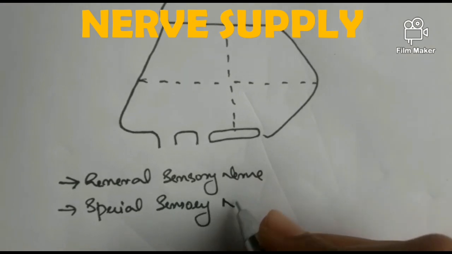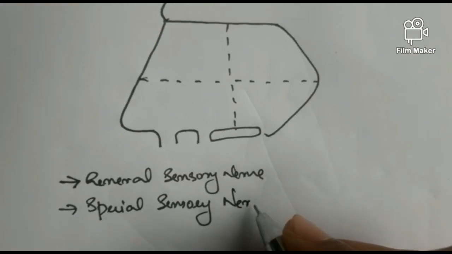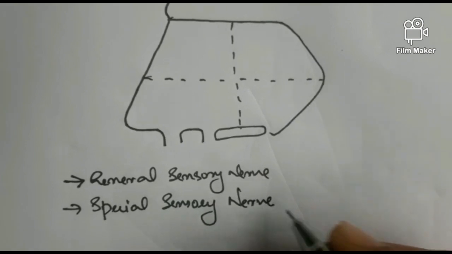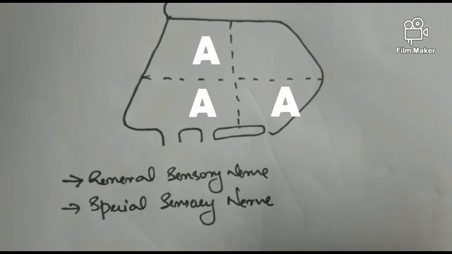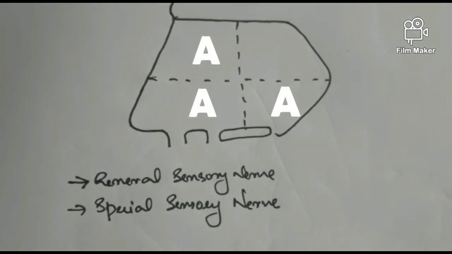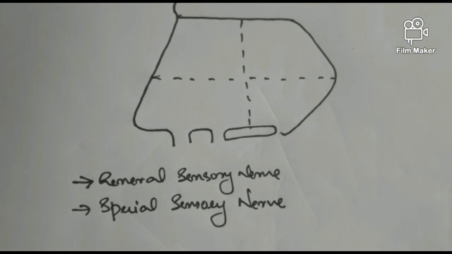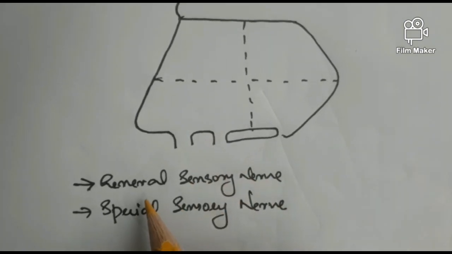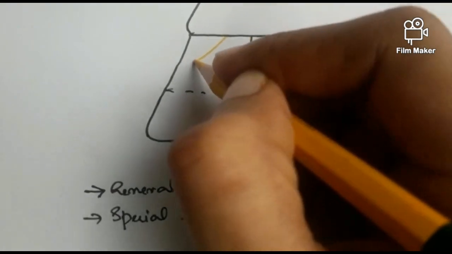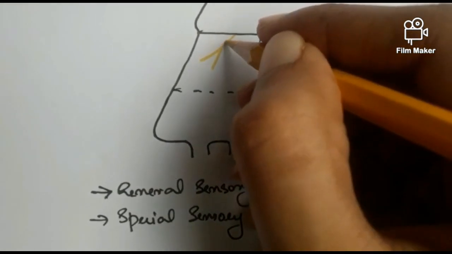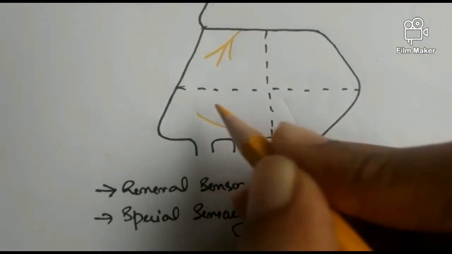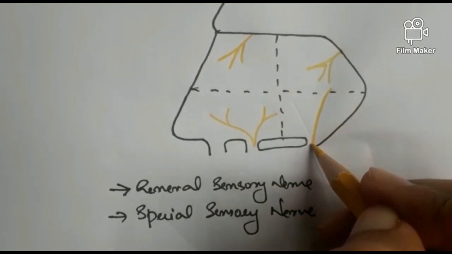Nerve supply also we have divided into four quadrants, and we have general as well as special sensory nerve supply. General we can remember as three anteriors and one posterior. The first anterior will be the anterior ethmoidal, just like our arterial supply. The second one, as it is above the alveolus, we can remember as anterior superior alveolar.